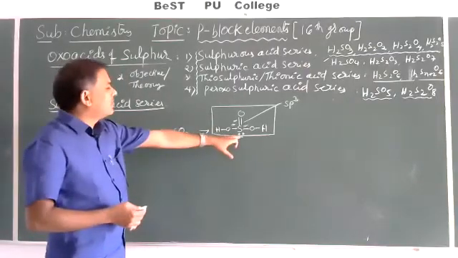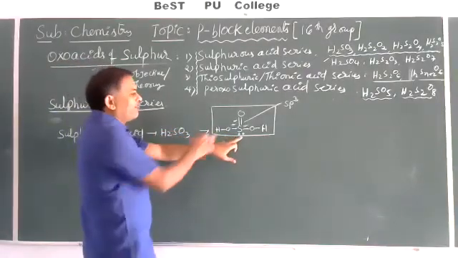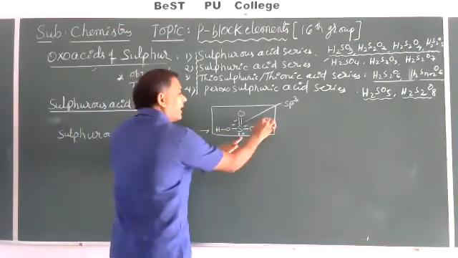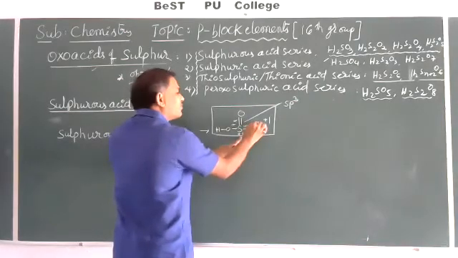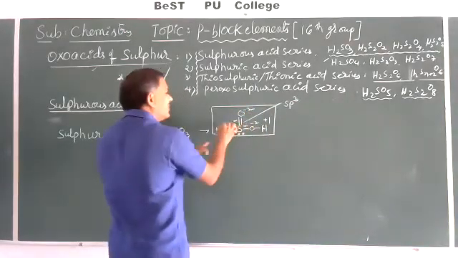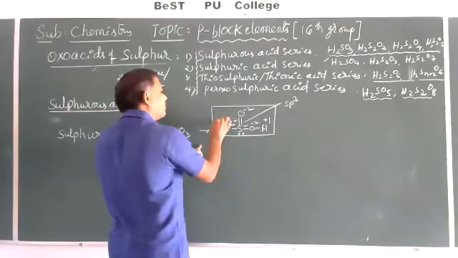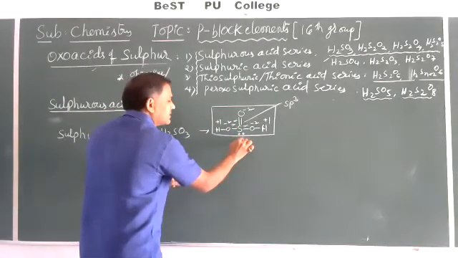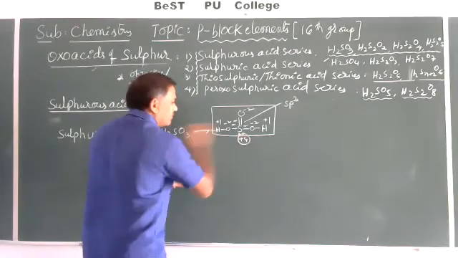Now in this sulfurous acid, hydrogen is +1 and oxygen is -2. The sulfur oxidation state is +4.